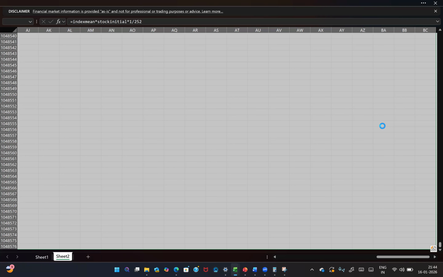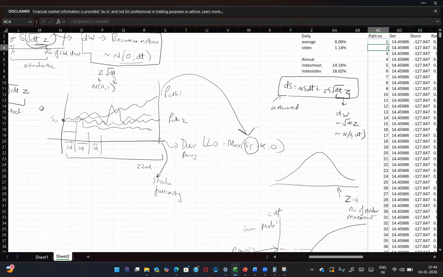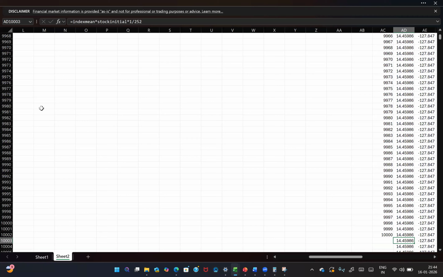Sorry, I've clicked the entire sheet. It's going to get stuck here now. Okay. So it has simulated the values. So we need not do it beyond this. So I'm going to delete the extra rows which are not needed.